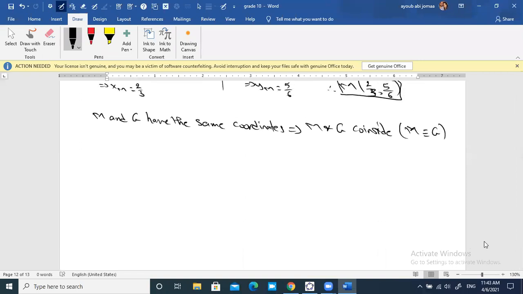Here, M and G are the same point for one reason. If you draw a simple figure, A, B, C, you have I, the midpoint of BC.